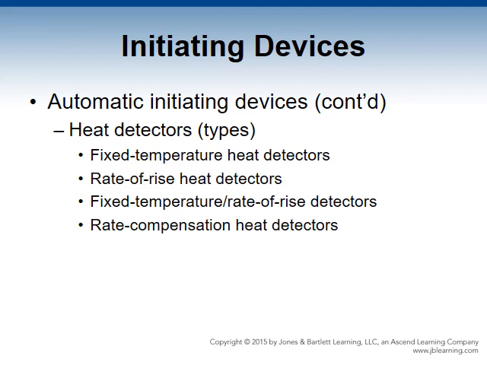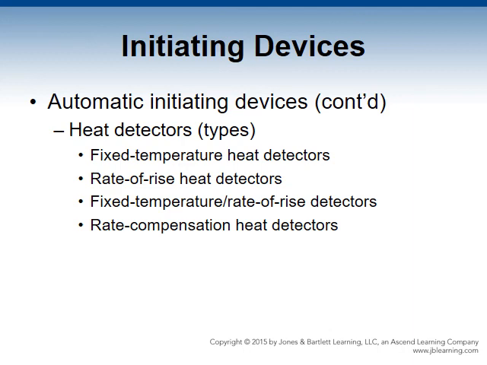These are usually spot detectors, but they can also be line detectors or detectors with electrical resistant components. Thermal lag must be taken into account with these detectors by choosing the correct temperature rating so that the fire detection is timely.